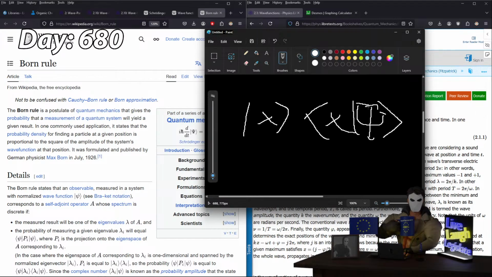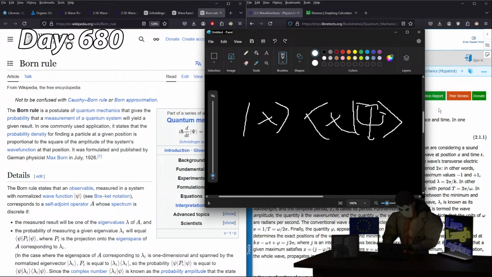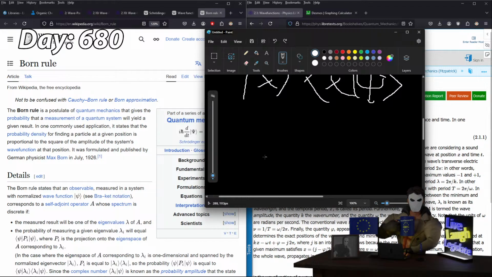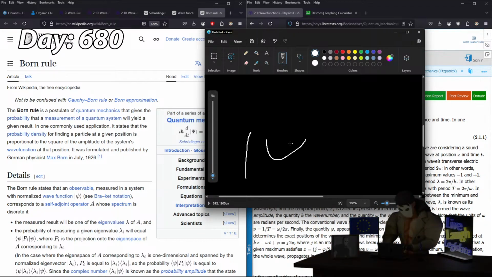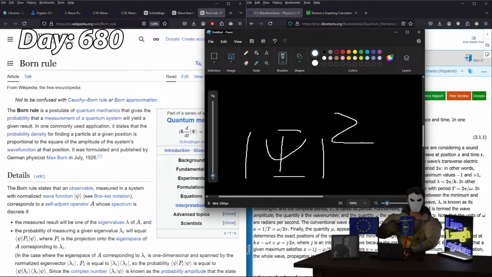Okay, no, but my question is, why do they serve as probability when modulus squared? That's my question. What are you trying to know? I'm trying to understand why this relates to probability.